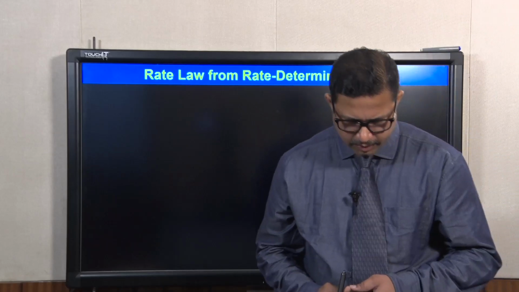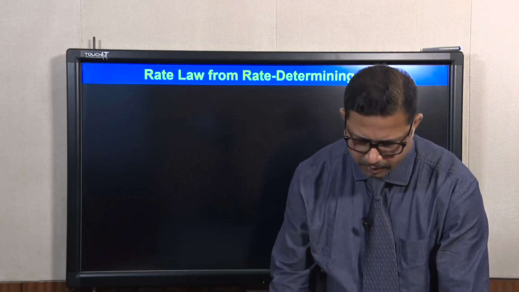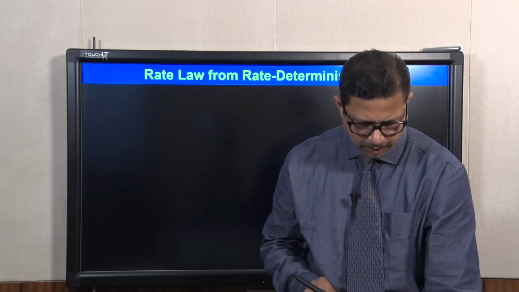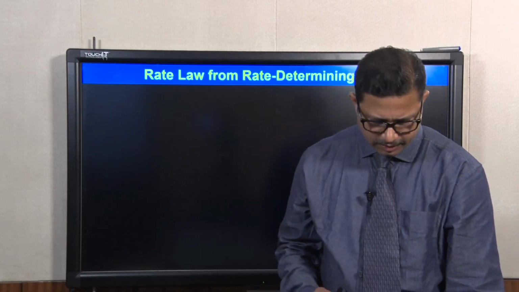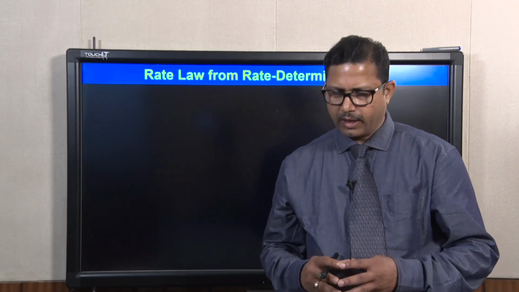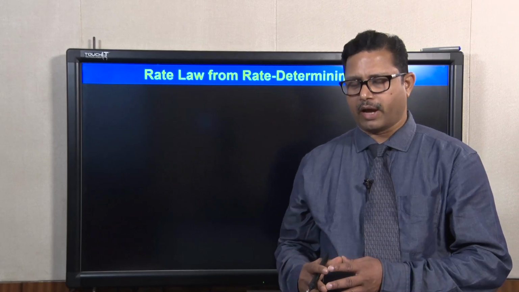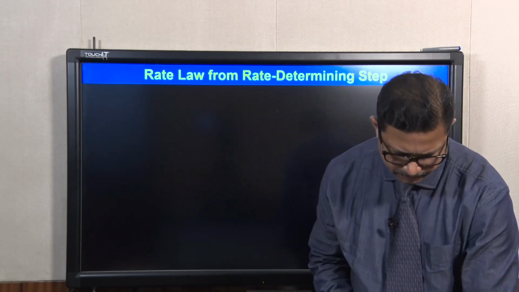So, as we have said, the overall reaction rate must be determined experimentally, or the rate law must be obtained from the experimental measurements. And if there is an elementary reaction, then the rate equation can be obtained directly from the elementary reaction or from the molecularity of the reaction.